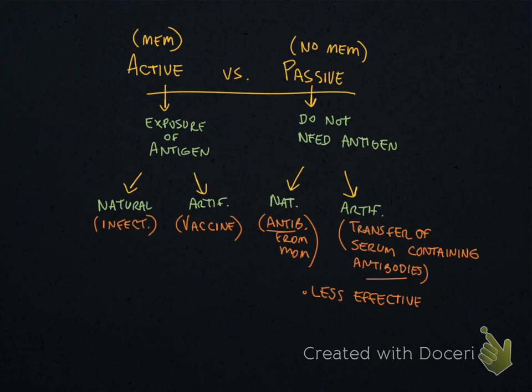Of these two, which one is more transient in nature? That would also be passive. So active is more effective and lasts longer. All right, that's it for chapter 22. Happy studying.